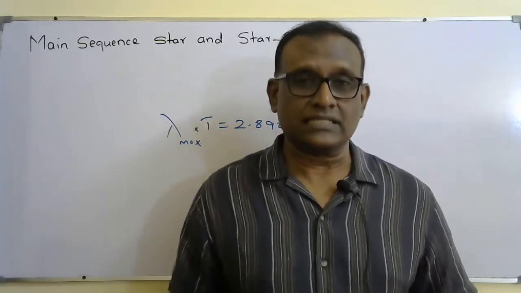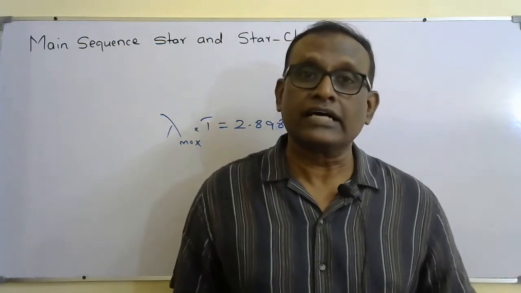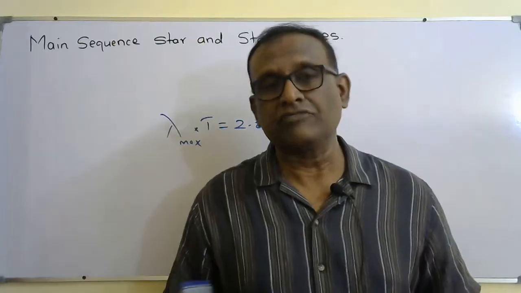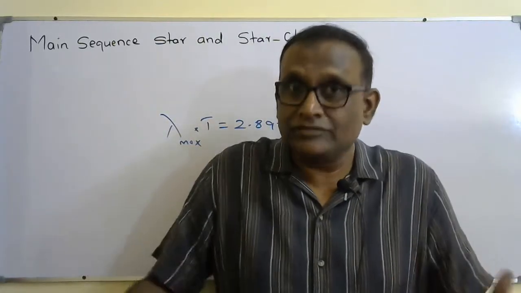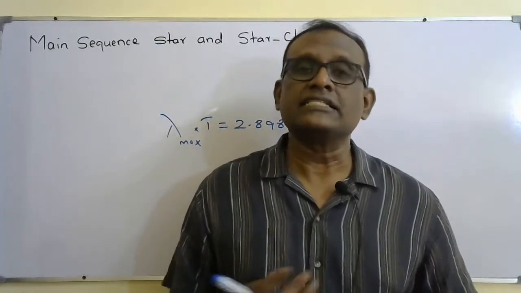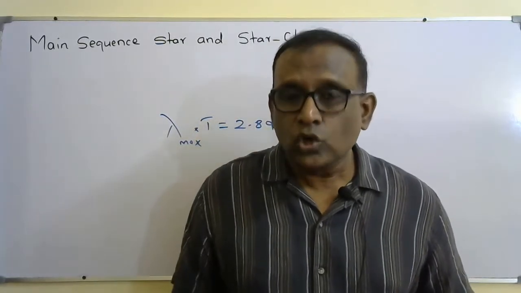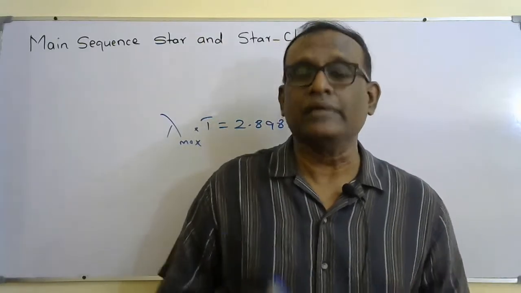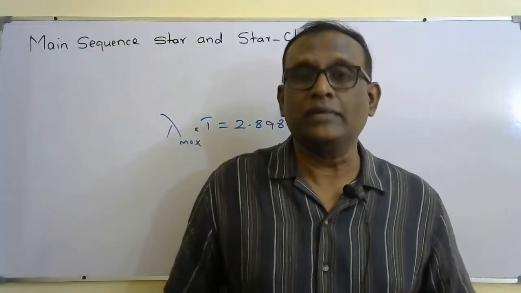Same way, low mass stars. So if the mass of the star is much smaller than 4 times the solar mass, what happens? The density of those stars, even when they are in the main sequence, will be much lower. So lower density means the rate of collision will be lower. Lower rate of collision means the rate of fusion will be lower.